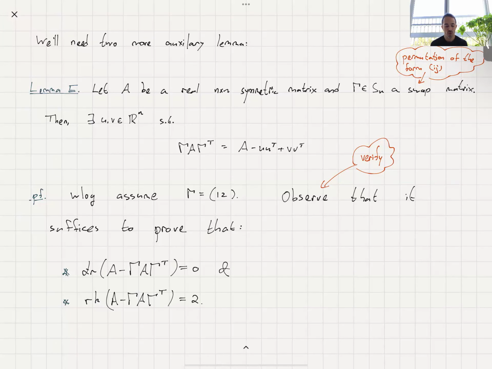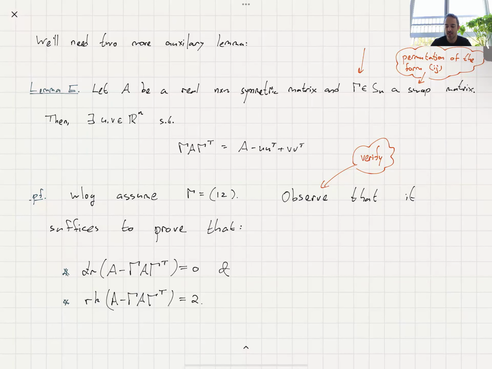Okay, so we need 2 more auxiliary lemmas. And now we're getting more specific towards our needs, our polynomials. So let's say that we have a real symmetric n by n matrix A. And let's consider gamma to be a swap matrix. A swap is just a permutation that permutes only 2 elements, keeping all of the other elements intact.